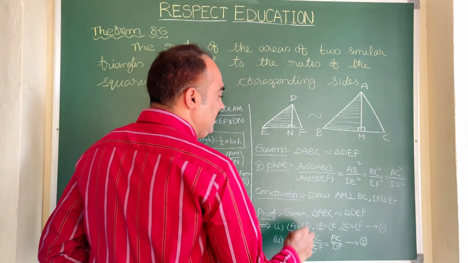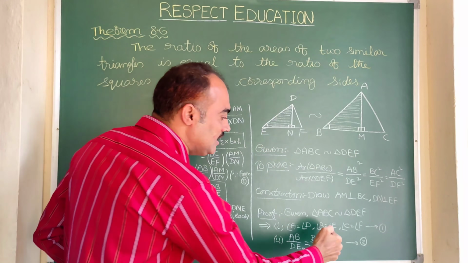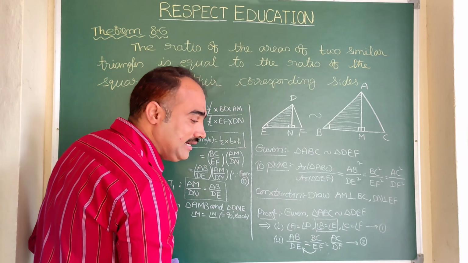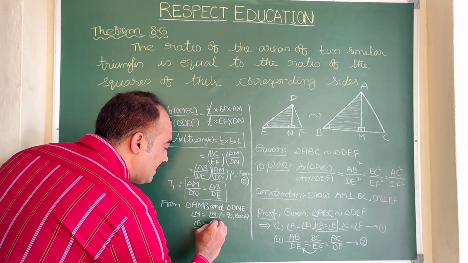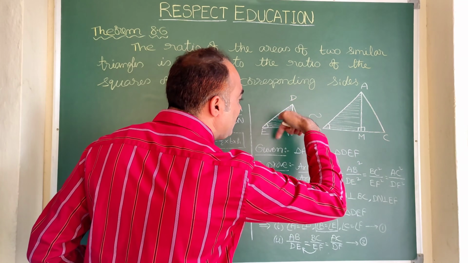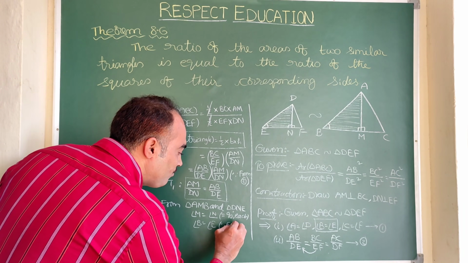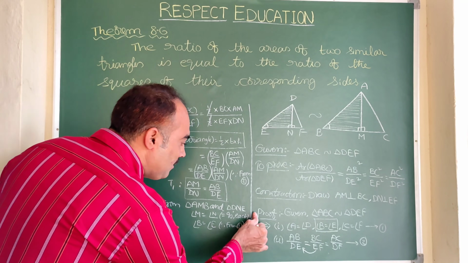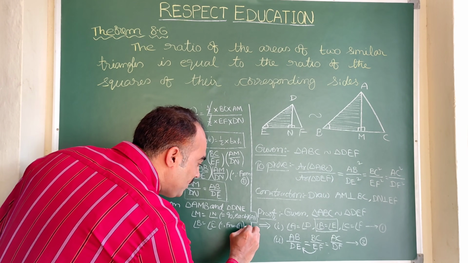And also angle B is equal to angle E, because from equation 1, this is the point I am going to use now. Since the original full triangles ABC and DEF are similar, as we wrote in equation number 1, angle B is equal to angle E. You compare here, this is a pair of angles and this is another pair of angles.